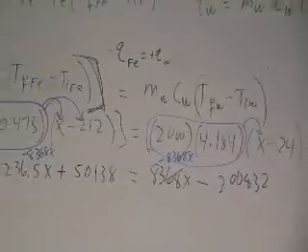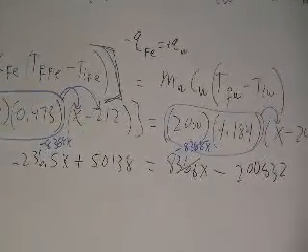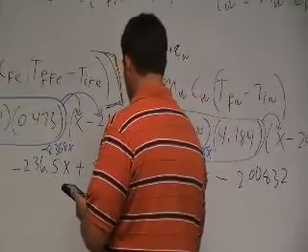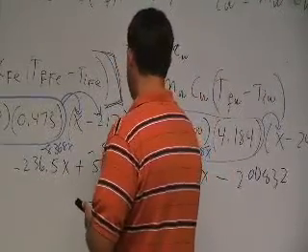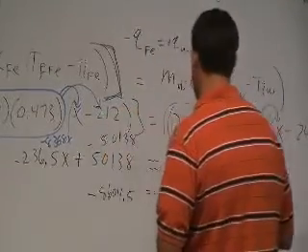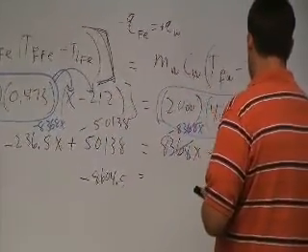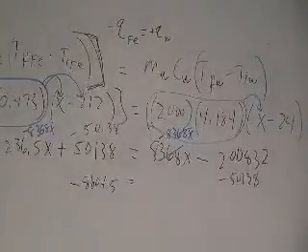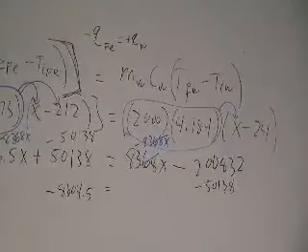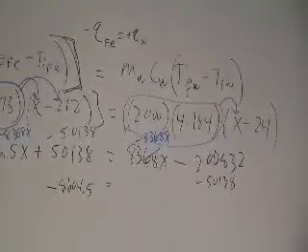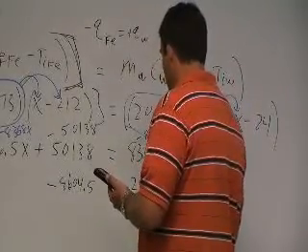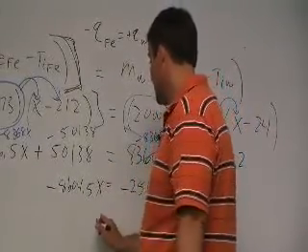Negative 8,368 minus 236.5 will be negative 8,604.5. Then negative 5,138, negative 5,138 to, wait a minute, negative 200,832 minus 5,138 is negative 250,970.